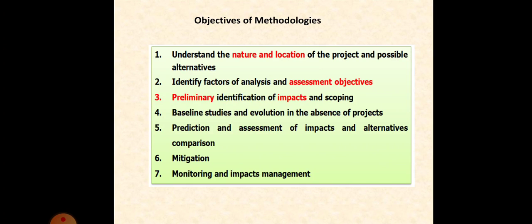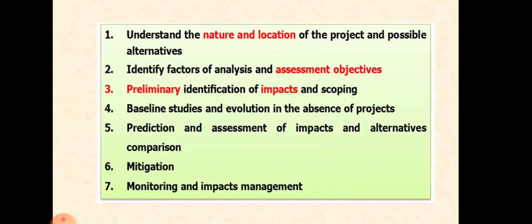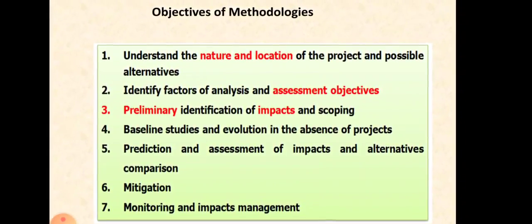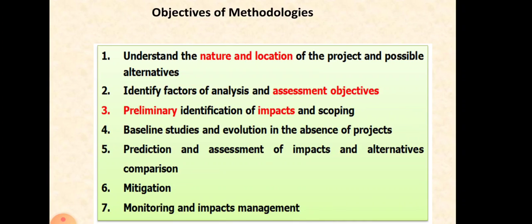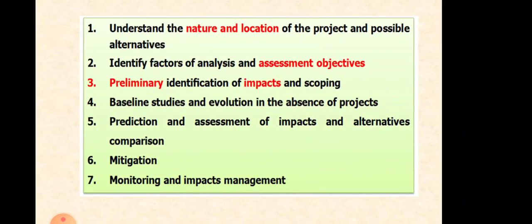Now coming to the objectives of the methodologies. So these are the various objectives of EIA methodology. Firstly, to understand the nature and location of the project and possible alternatives. Then it also identifies the factors of analysis and the assessment objectives. So what is the objective, or what is the purpose of doing the assessment?